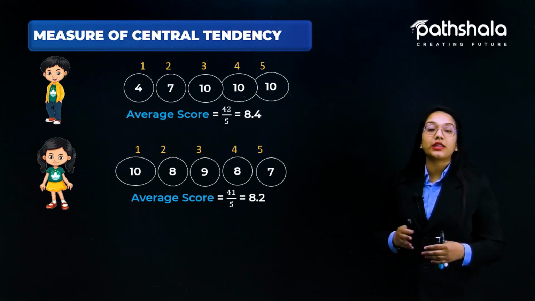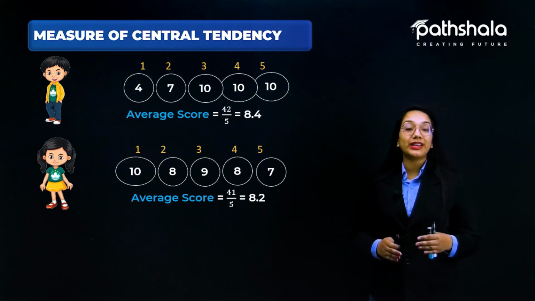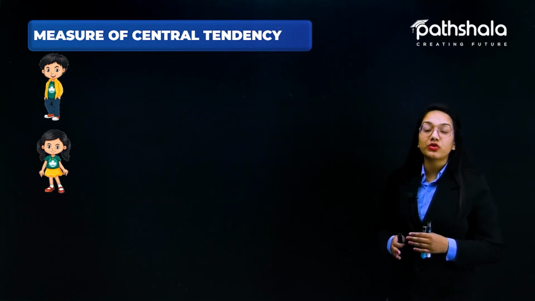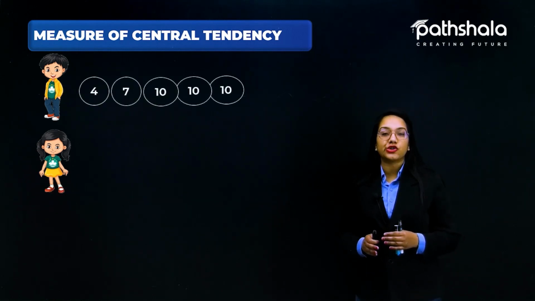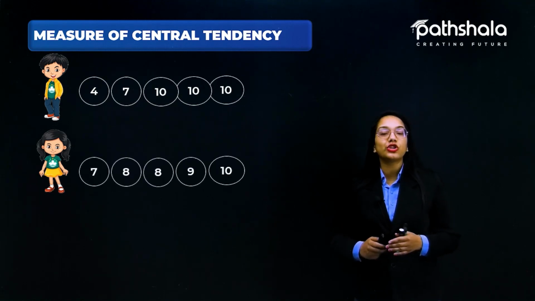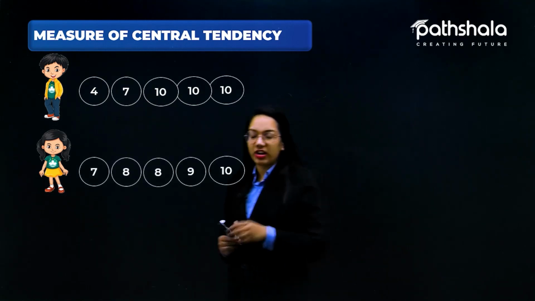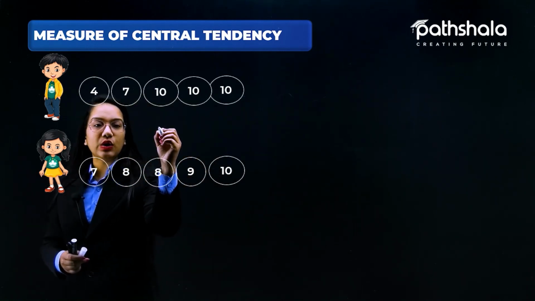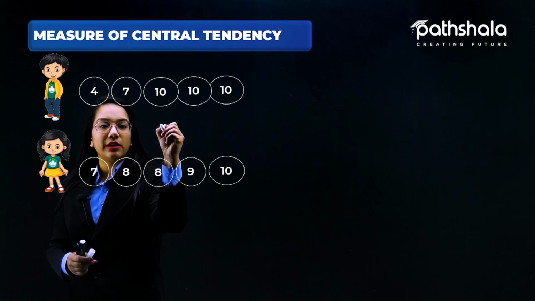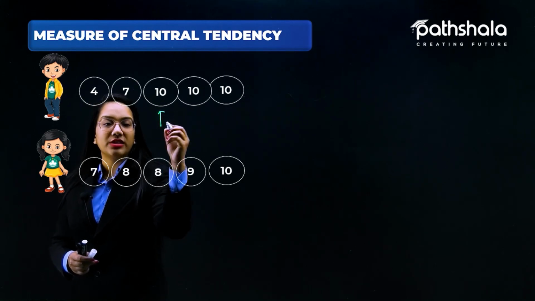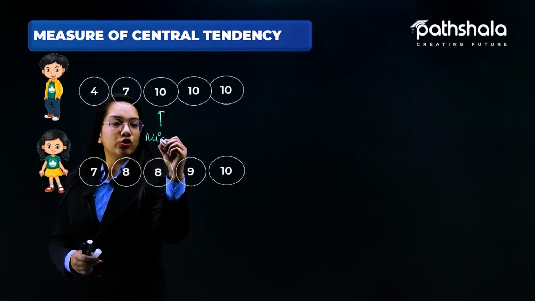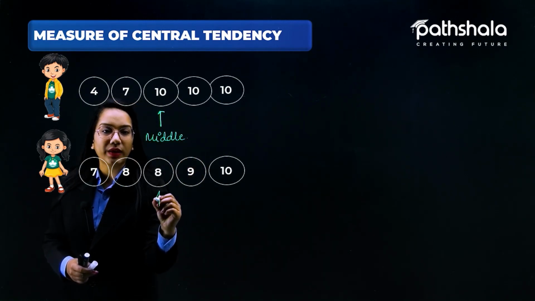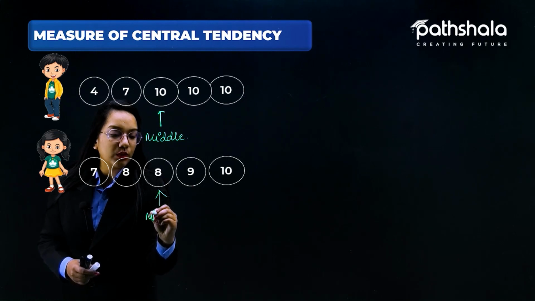So she suggested another way. She arranged the data in ascending order and looked for the middlemost value as the representative. As you can see, the middlemost score of Harry comes out to be 10, and the middlemost score of Mary comes out to be 8.